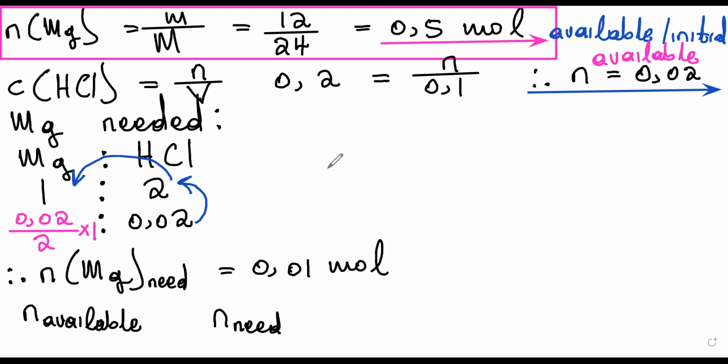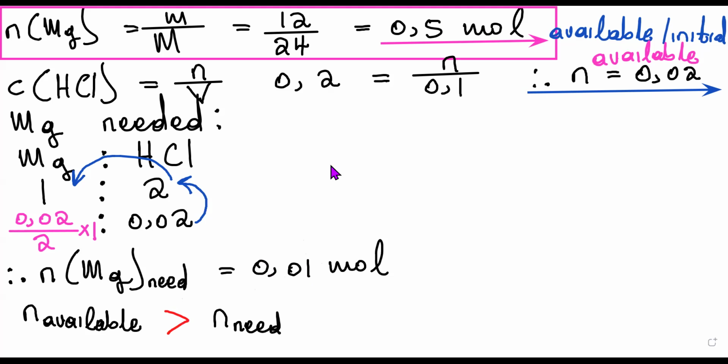Let's check. If we look at those that are available, it's 0.5. But now we only need 0.01. We have 0.5, but we only need 0.01. So what we have is greater than what we need.